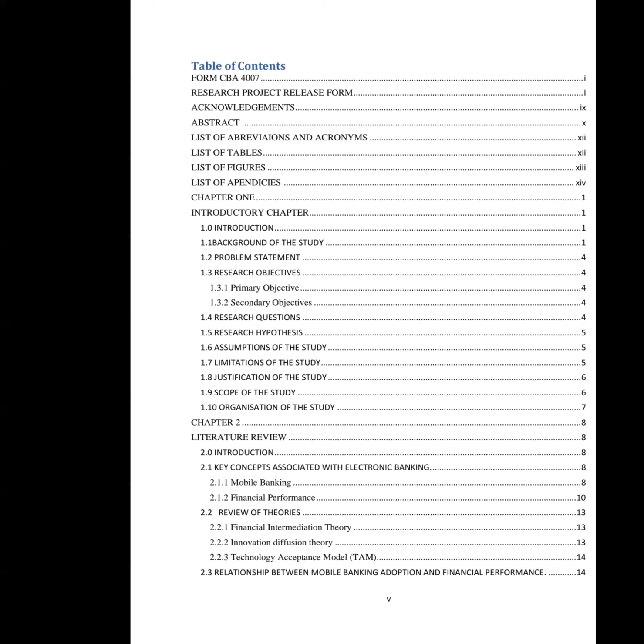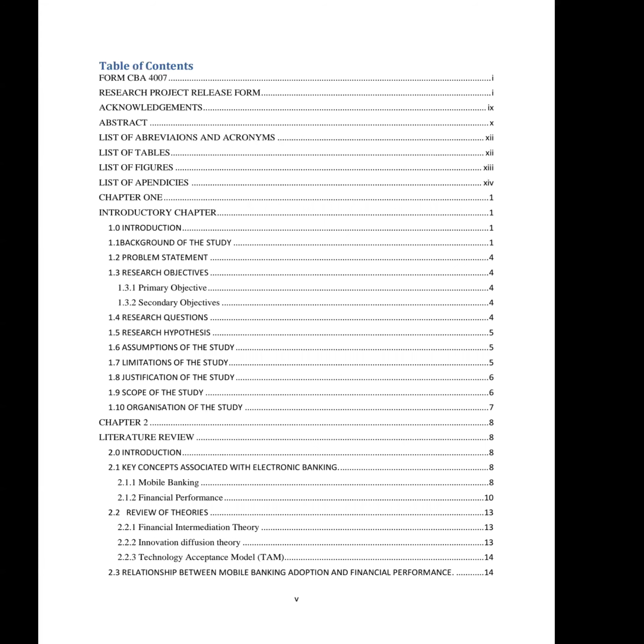And then after the dedication, we go to the table of contents, where all the subtopics of the research project are captured, including the minor subtopics, as you can see, escalating from the major topic like the chapter title or chapter heading.